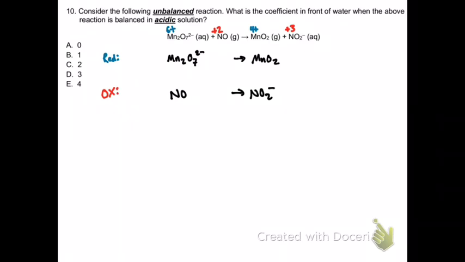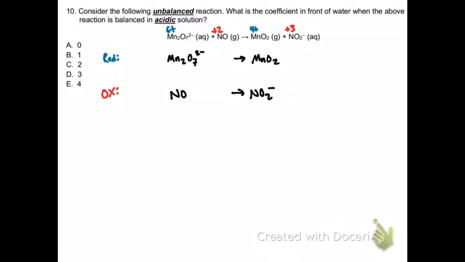Okay, so now we're going to do each of these one at a time. All right, so first for the reduction half reaction. First, you make sure everything other than oxygen and hydrogen is balanced. So notice here, Mn2 versus just Mn. Well, we're going to need to correct that.